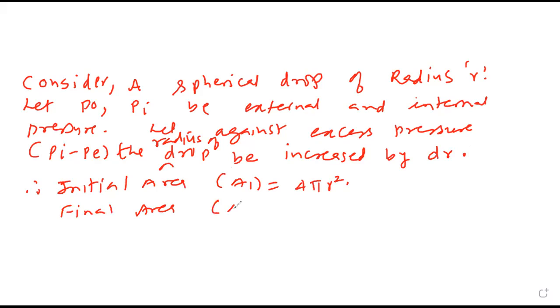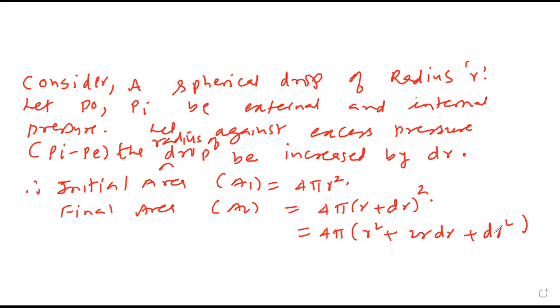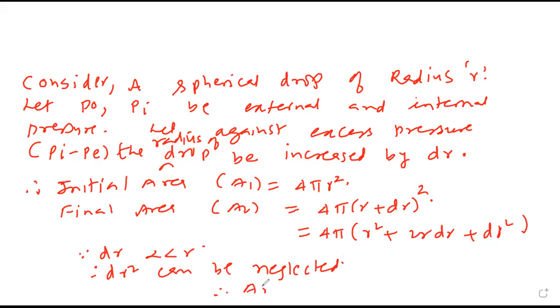Final area A2 is 4 pi (r plus dr) square, which is 4 pi r square plus 8 pi r dr plus 4 pi dr square. Since dr is very small compared to r, dr square can be neglected. Therefore A2 equals 4 pi r square plus 8 pi r dr.